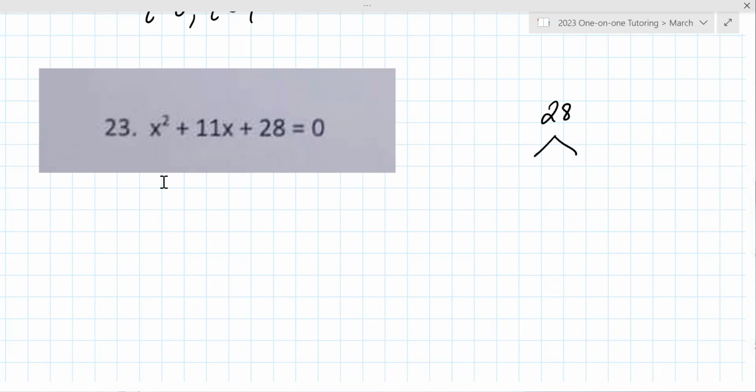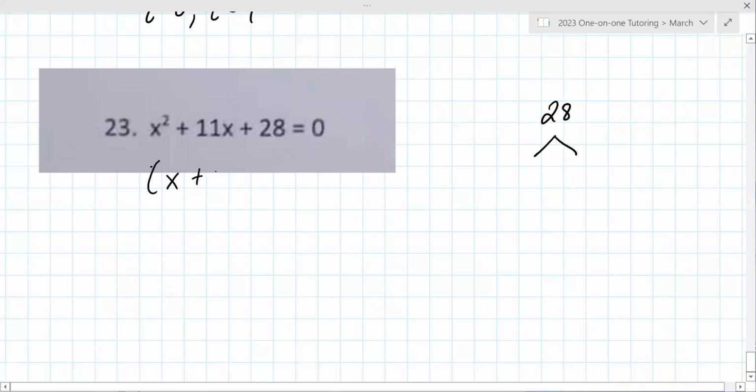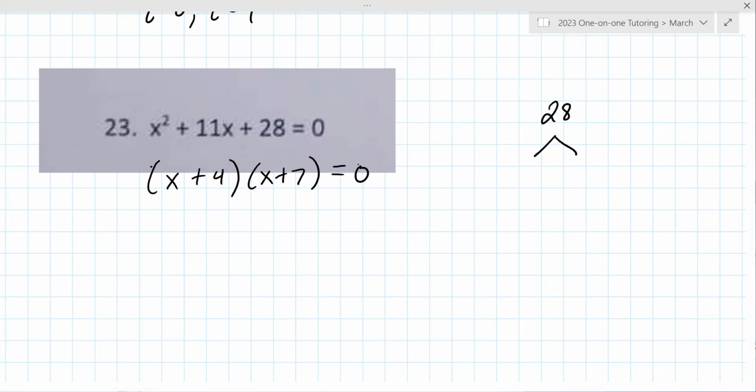I got 4 and 7. Okay, so you write x plus 4, x plus 7 equals 0. What is the next thing to do here?